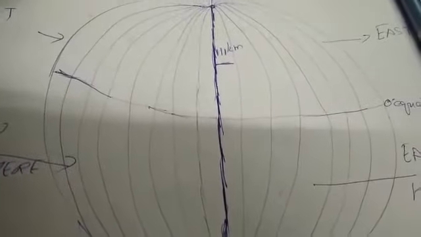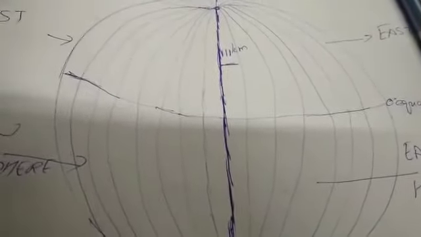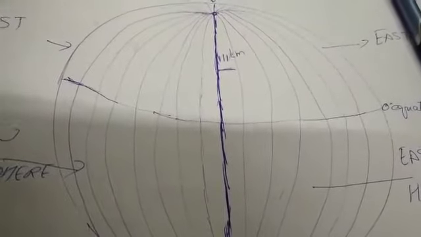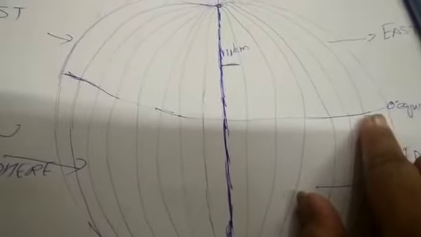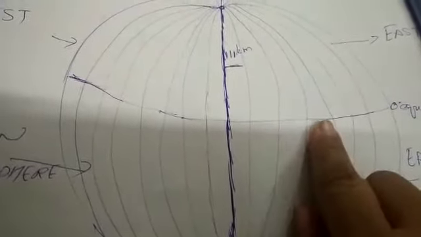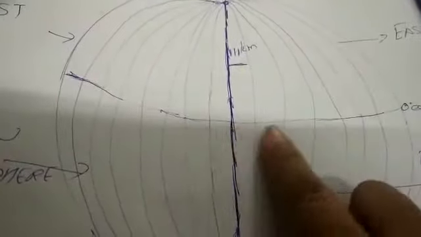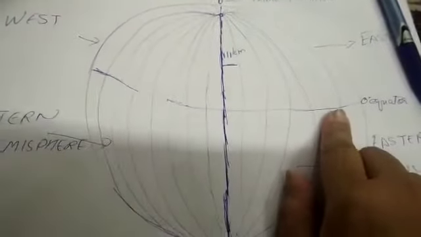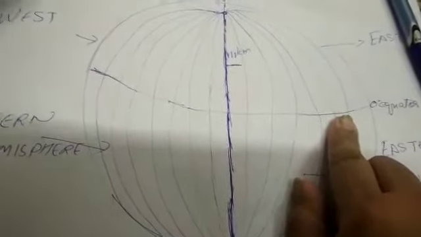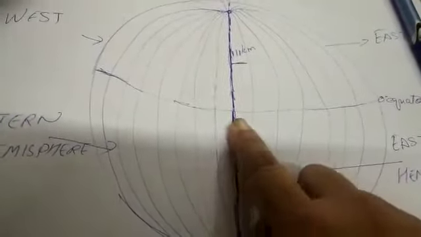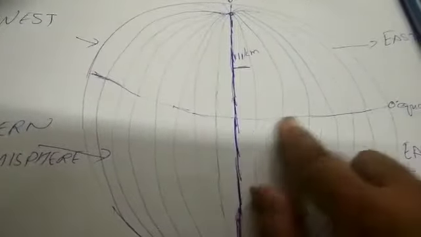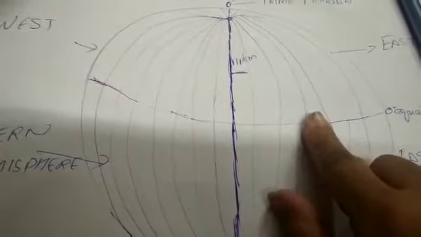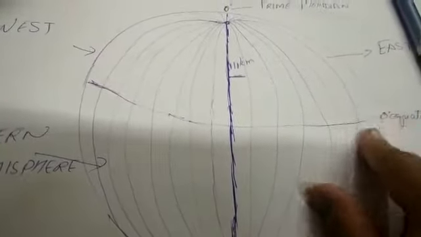You can see the formula in your book also. EGA means East Gain Add. If you learn this formula, you will never be confused while calculating the time. East gain add means toward the east you will gain time, and for gain you will add.